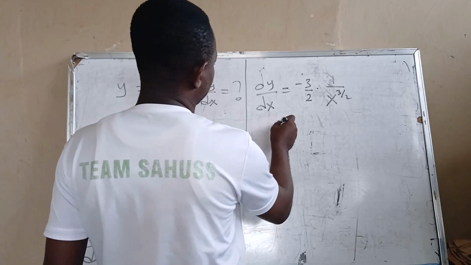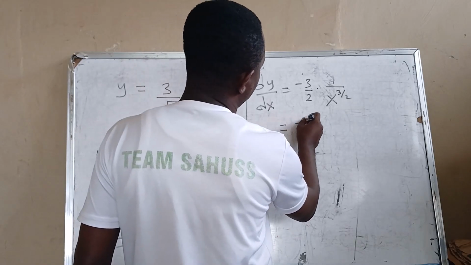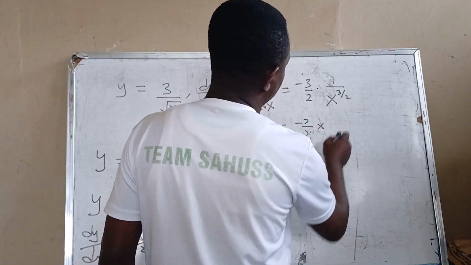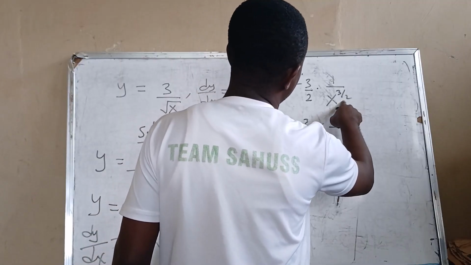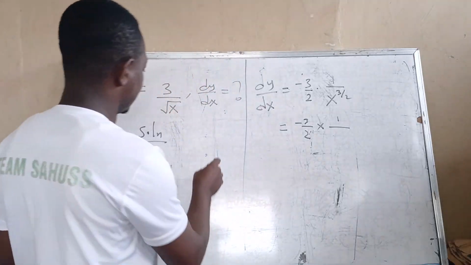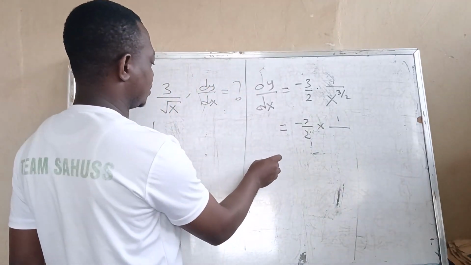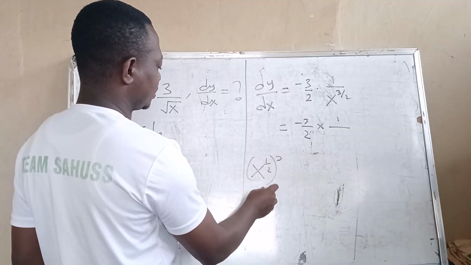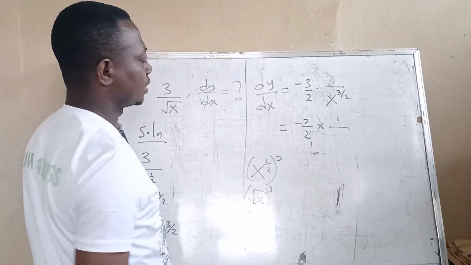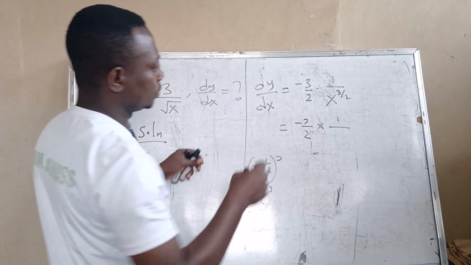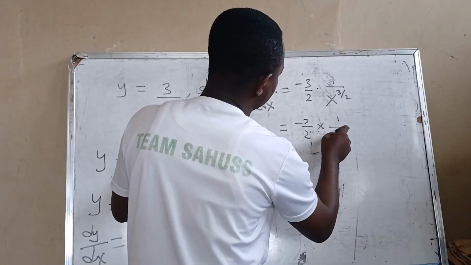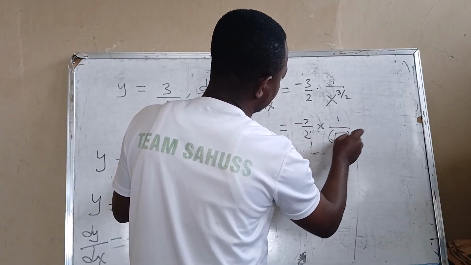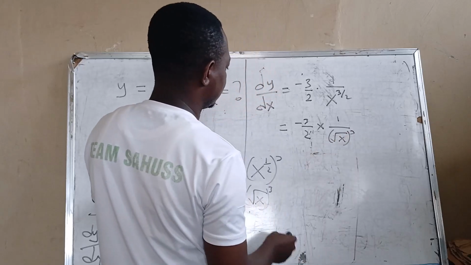Now I can say minus 3 on 2 times 1 on, so this is the same as x to the power half, all to the power 3. So that is square root of x, all to the power 3.